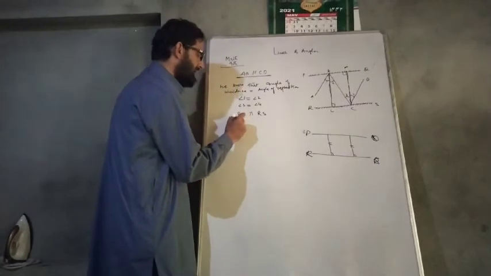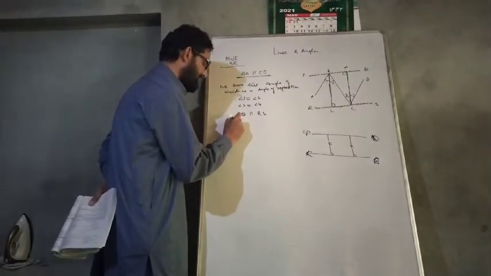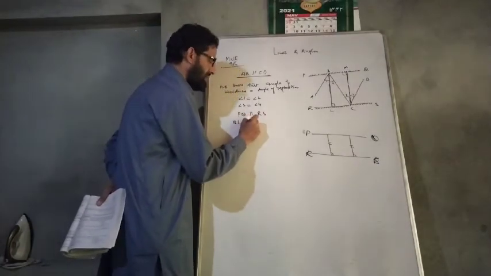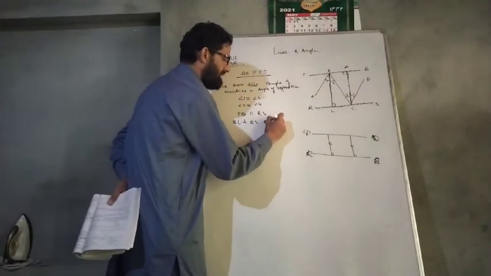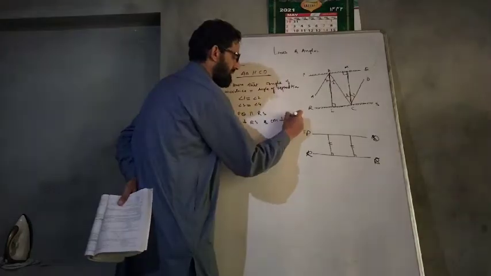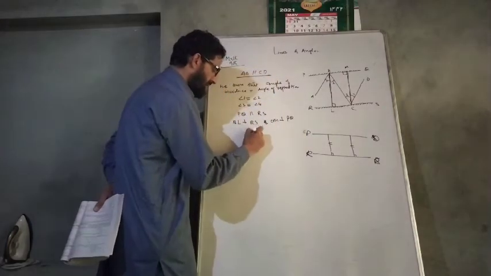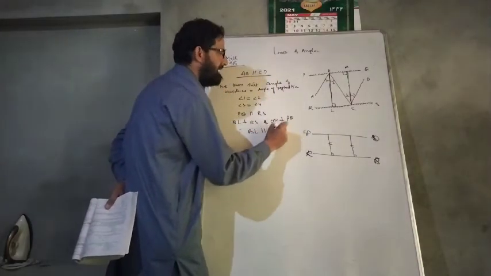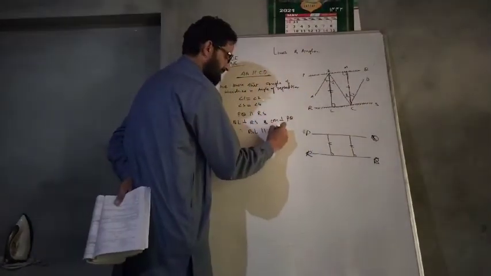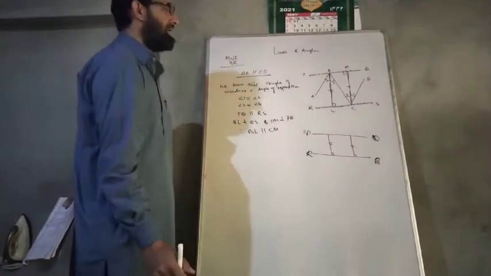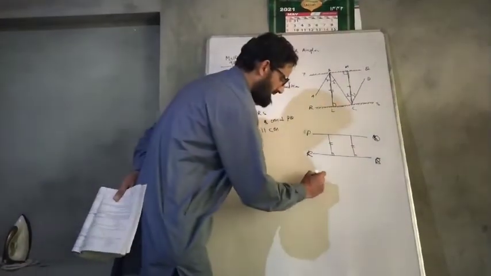Therefore we can write here BL is perpendicular to RS, and CM is perpendicular to PQ, therefore these two lines are also parallel, so BL is parallel to CM. When BL is parallel to CM, these two lines are like this.